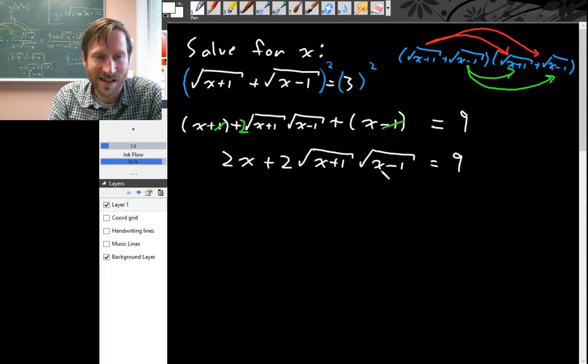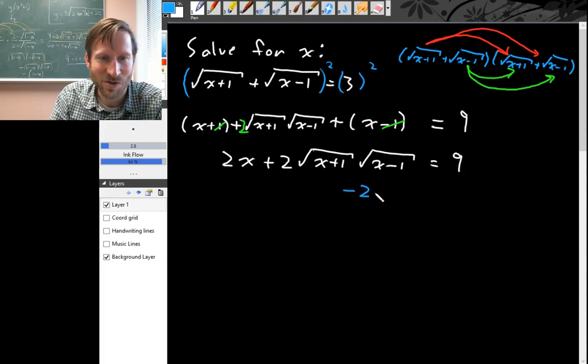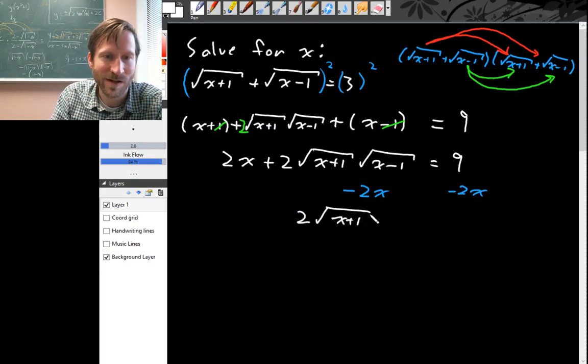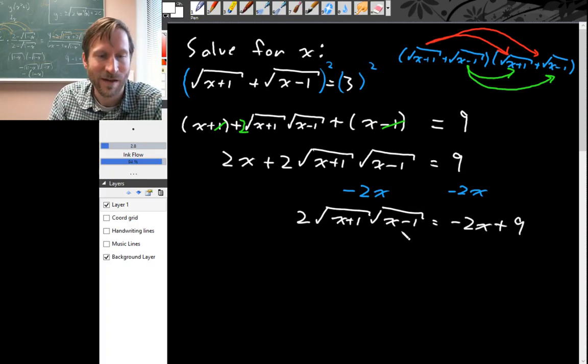Now let's isolate this square root part. We could start by subtracting 2x from both sides of this equation. We get 2 times the square root of x plus 1 times the square root of x minus 1 equals minus 2x plus 9. Now we can square both sides.